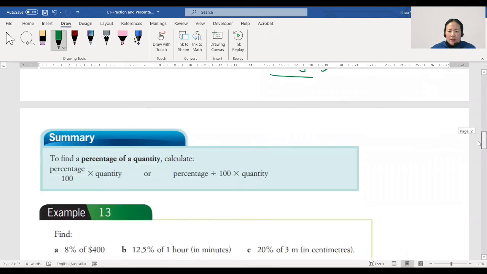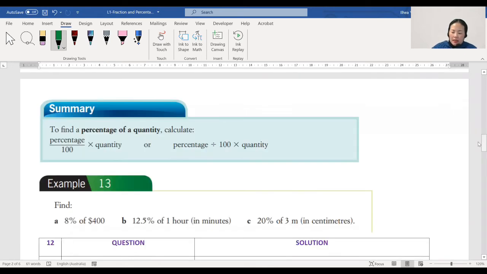Okay, a little bit of a summary before we start the next example. To find a percentage of a quantity, calculate percentage over 100 times quantity. We can convert the fraction into division, isn't it? So it means percentage divided by 100, same thing as over 100, times quantity.